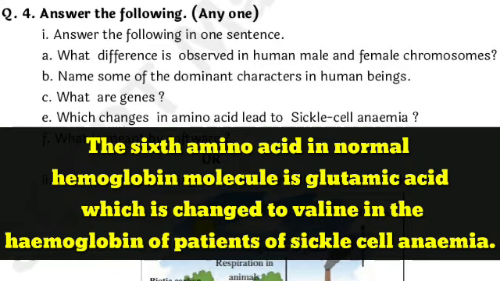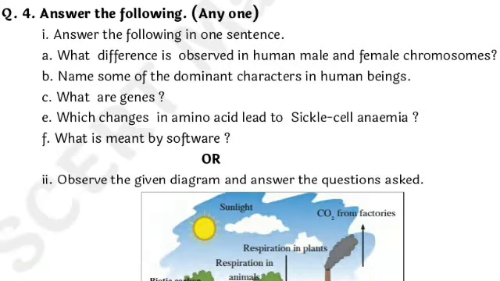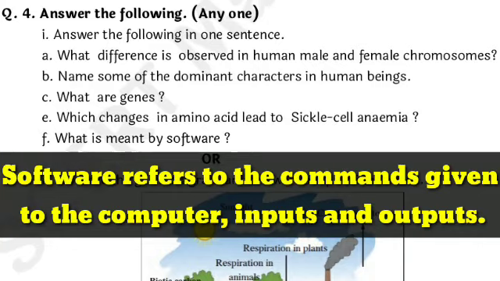The sixth amino acid in the normal hemoglobin molecule is glutamic acid, which is changed to valine in the hemoglobin of patients of sickle cell anemia. F. Last question. What is meant by software? Software refers to the commands given to the computer, inputs and outputs. So friends, complete your write-up.